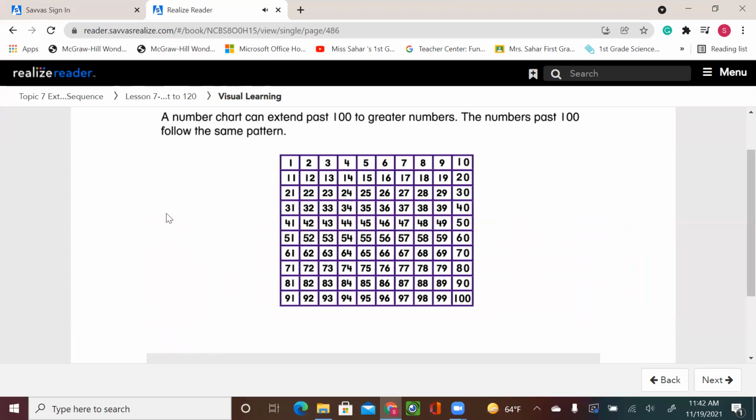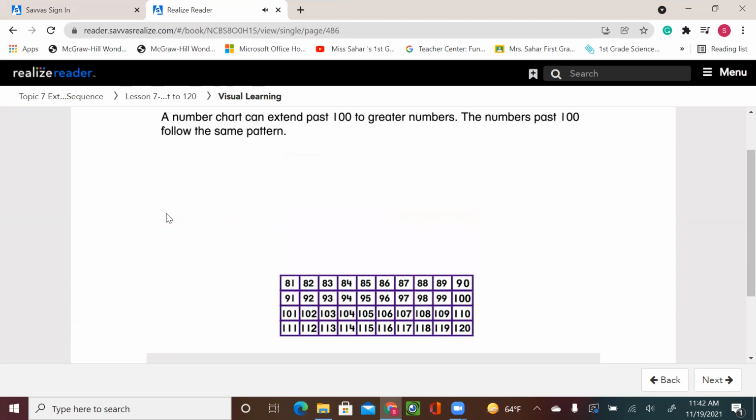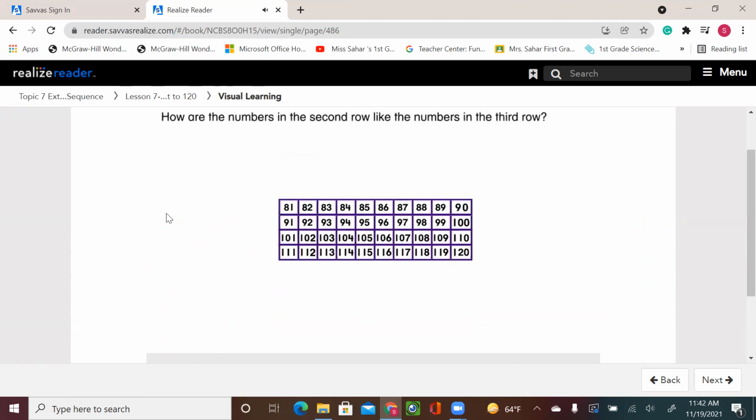A number chart can extend past 100 to greater numbers. The numbers past 100 follow the same pattern. How are the numbers in the 2nd row like the numbers in the 3rd row? Okay, as you see, the ones in the 2nd row, the numbers 1, 2, 3, 4, 5, 6, 7, 8, 9, 10.